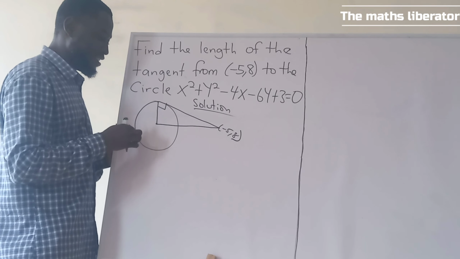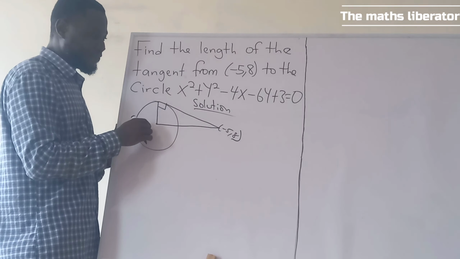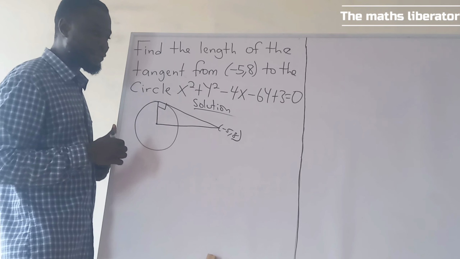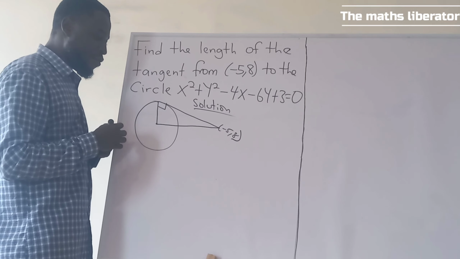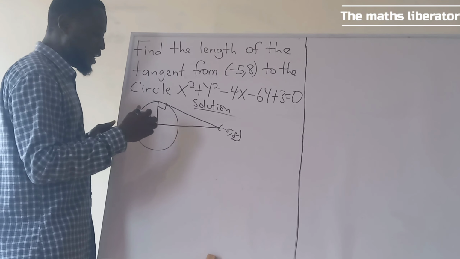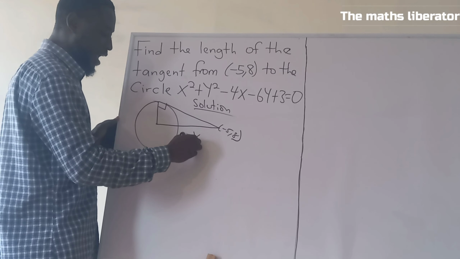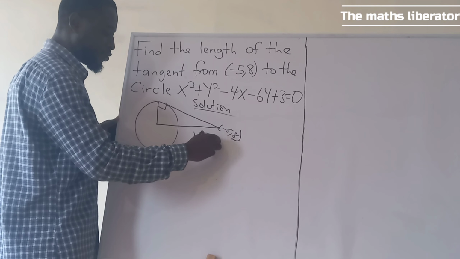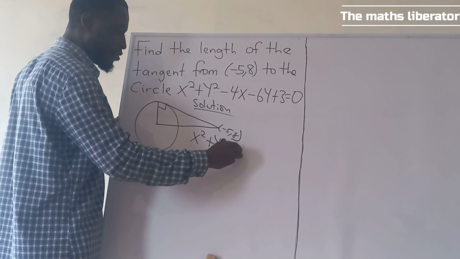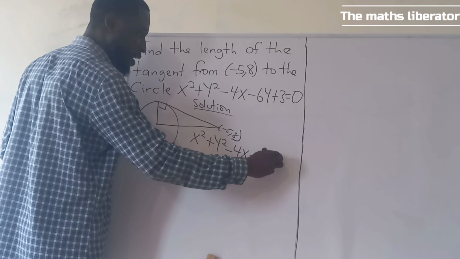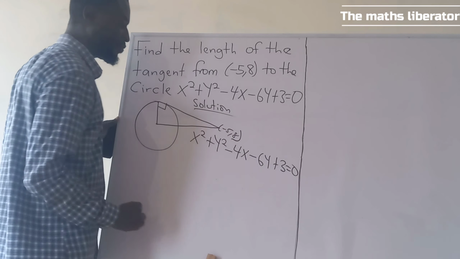So to get the length of the radius, I can get it from the equation of the circle. The equation of the circle which is given is x squared plus y squared minus 4x minus 6y plus 3 equals 0.